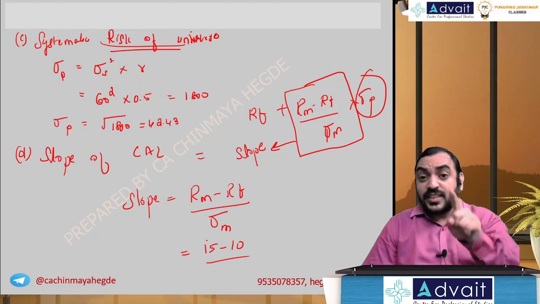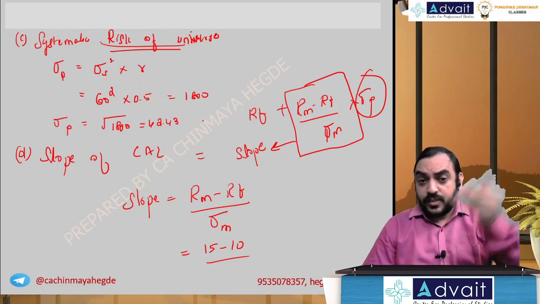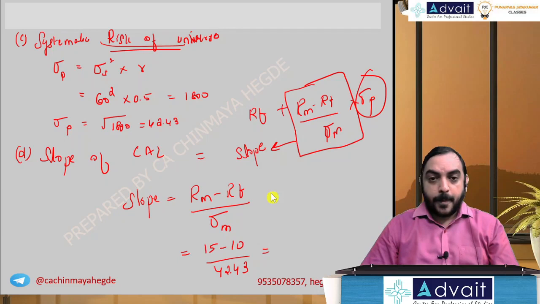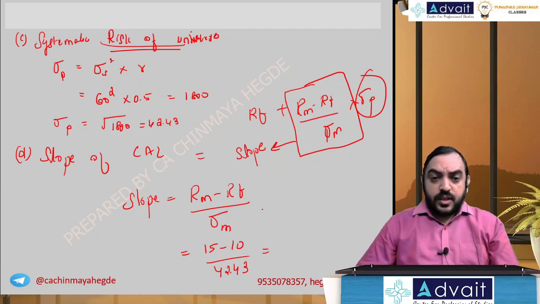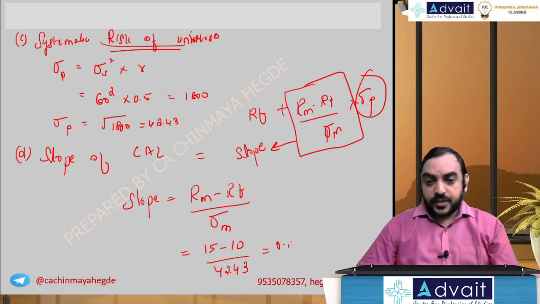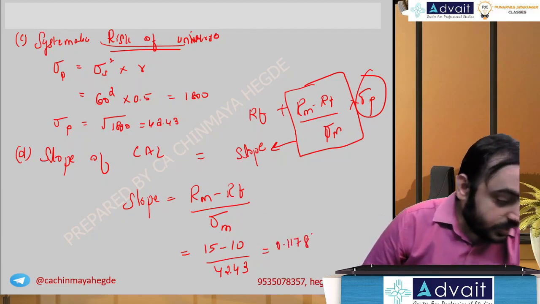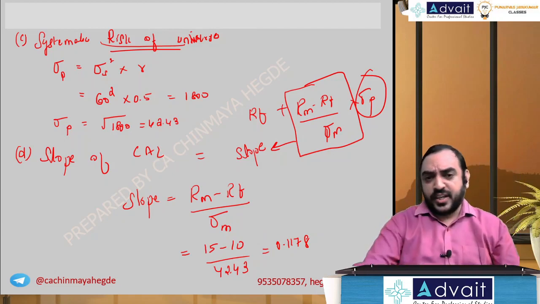Systematic risk means risk connected with market. That's what I'm taking. 42.43. That is 5 by 42.43, 0.1178.